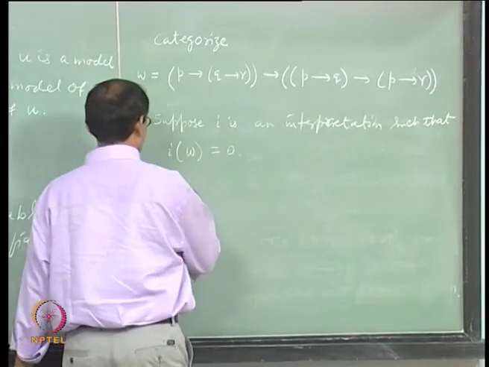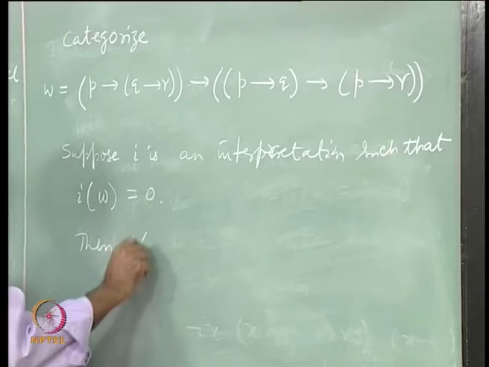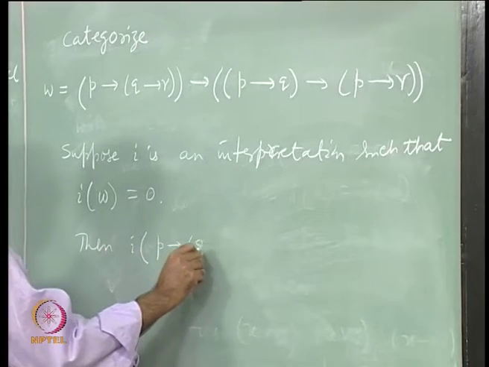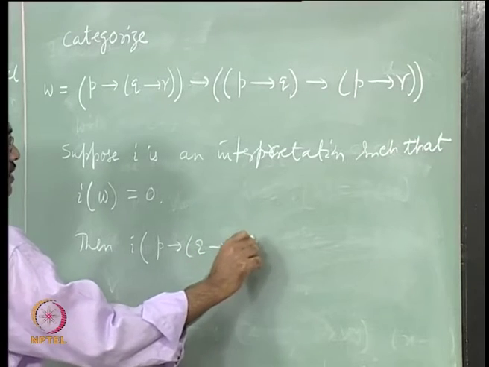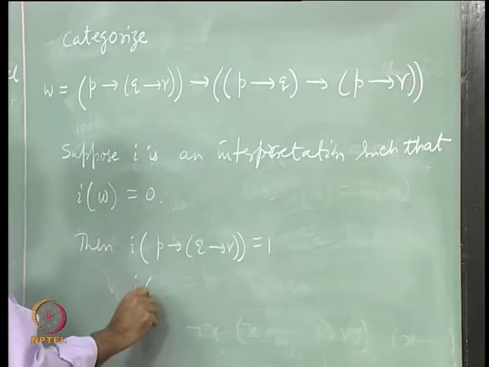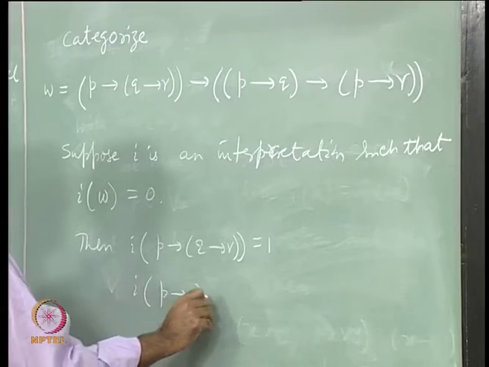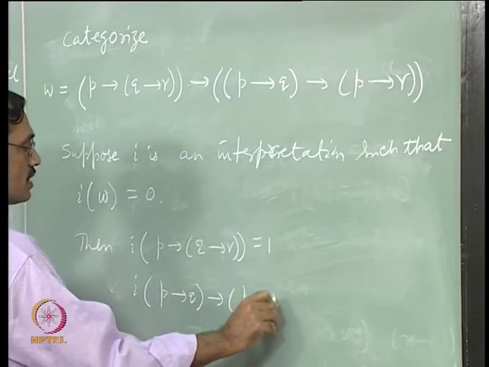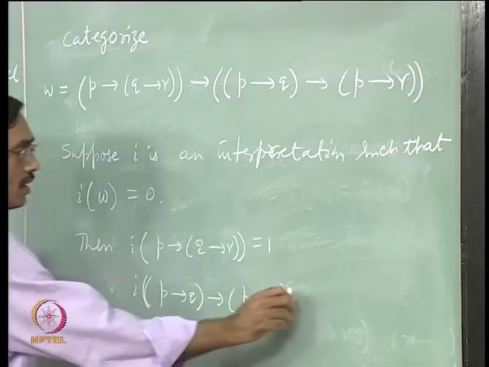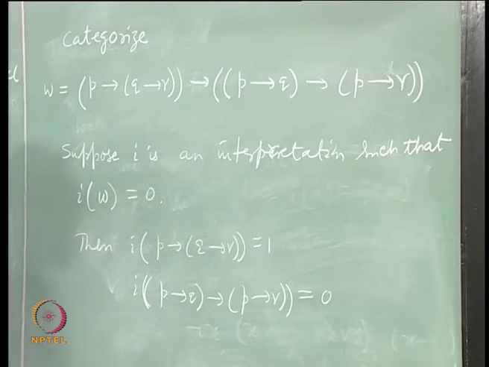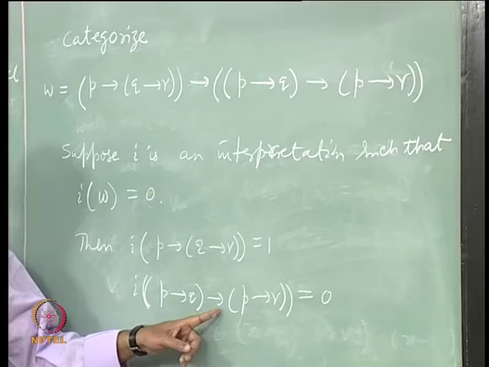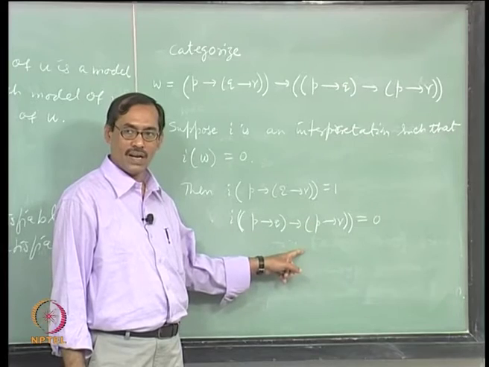So, I of P implies Q implies R is 1, and I of P implies Q implies P implies R is 0. Now, I take up this case first, this will give me 3 cases, this will give only 1.